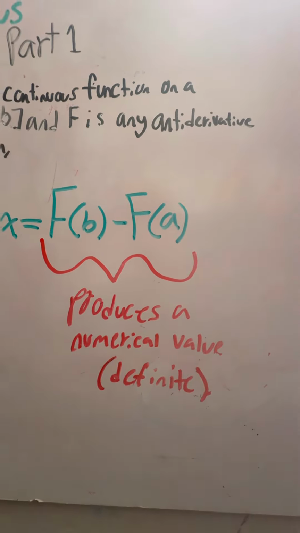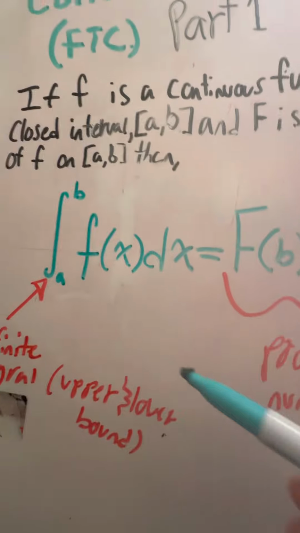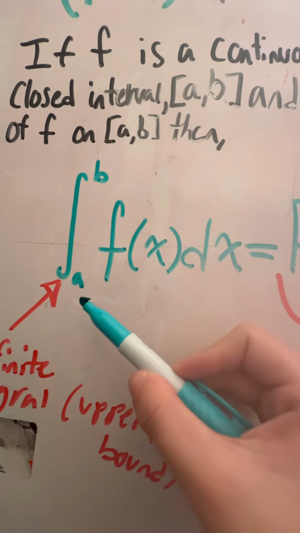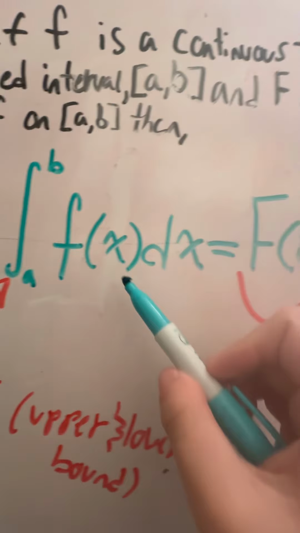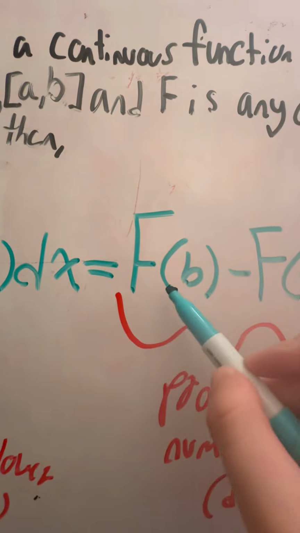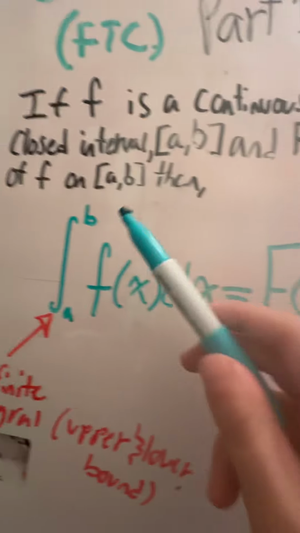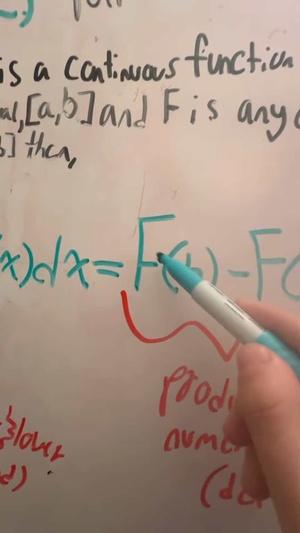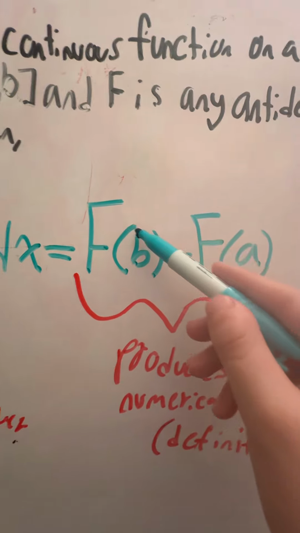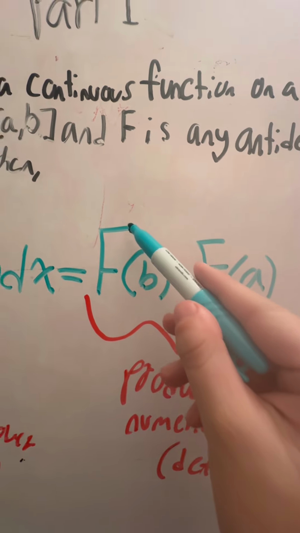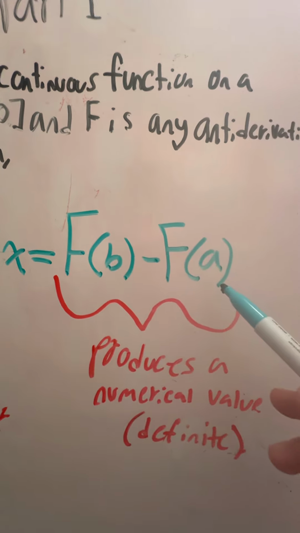So basically we can take the antiderivative or the integral of f of x, and this gives us capital F of x. Then all we have to do is plug b into that new function, plug a into that new function, and subtract the lower bound value from the upper bound value.